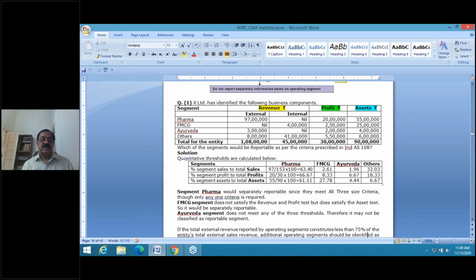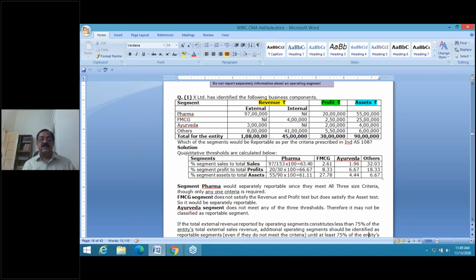See the pharma segment. All three percentages are 10% or more. Okay, so it is fulfilling all the 3 criteria here. So obviously this is a separately reportable segment. Go to FMCG.